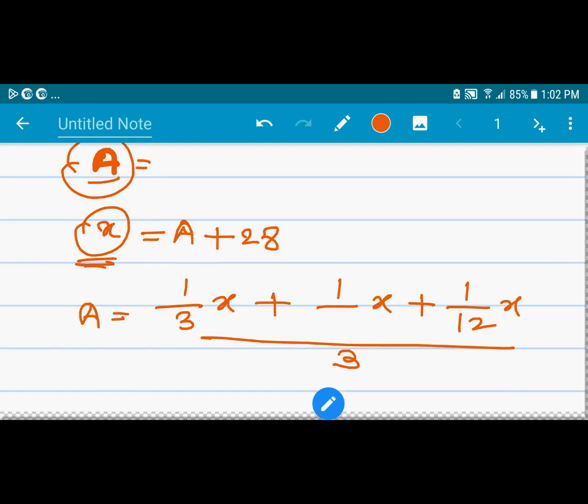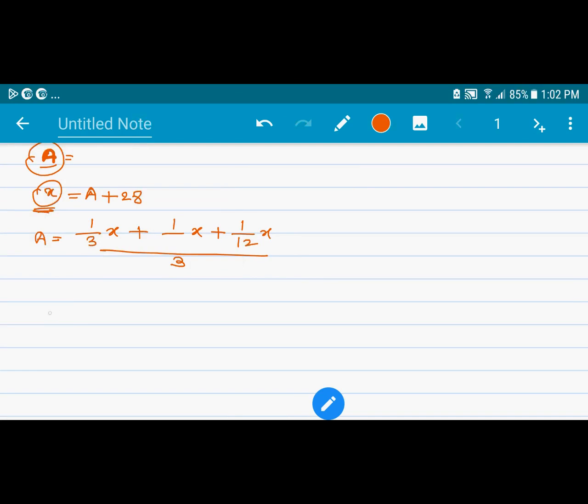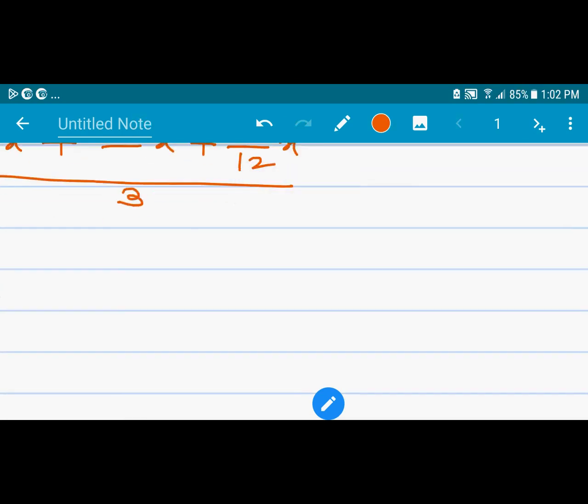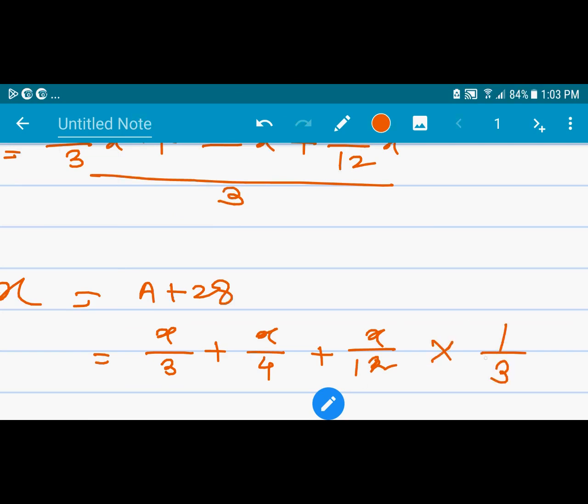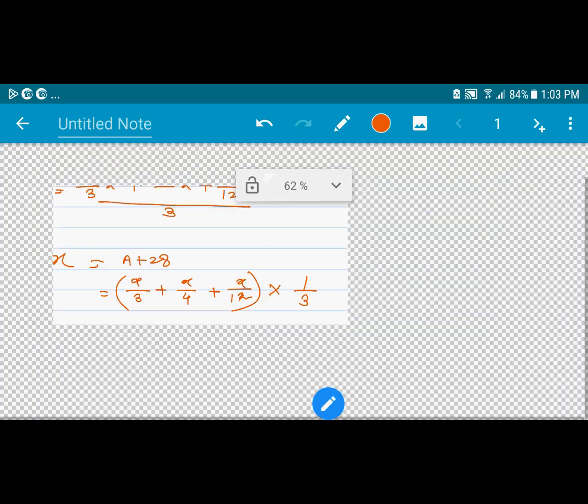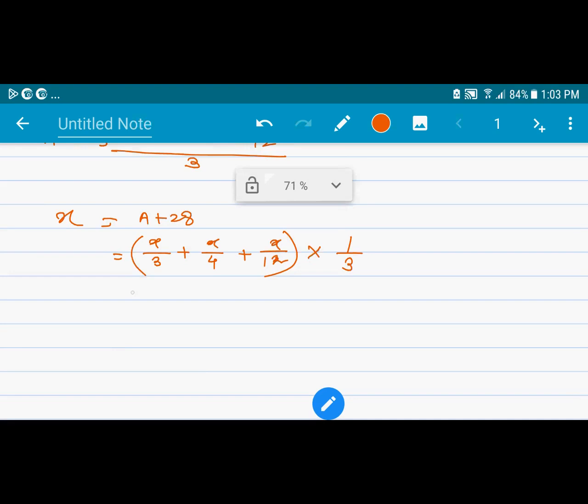Now put all the values in our equation. So x is equal to A plus 28. Now what is A? x by 3 plus x by 4 plus x by 12, upon 3, meaning multiplied by 1 by 3. First solve this and then multiply with 1 by 3.